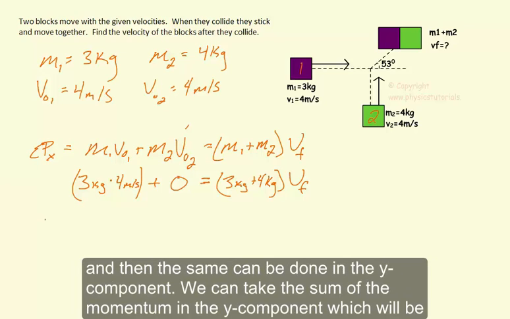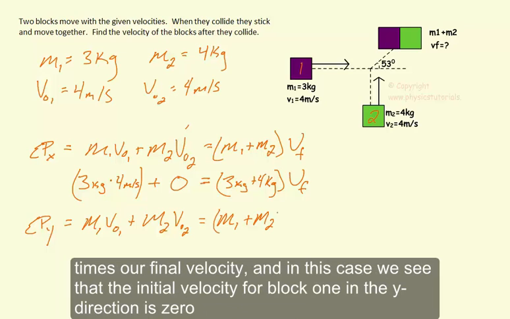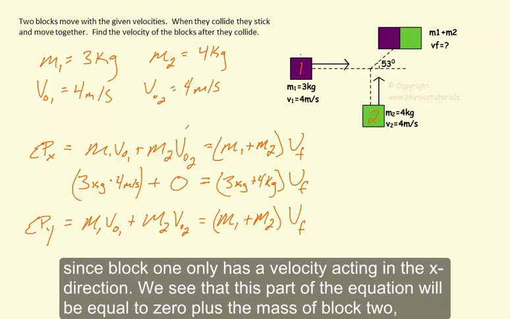And then the same can be done in the y component. We can take the sum of the momentum in the y component, which will be the mass of block 1 times its initial velocity plus the mass of block 2 times its initial velocity, equal to the sum of our masses times our final velocity. And in this case, we see that the initial velocity for block 1 in the y direction is 0, since block 1 only has a velocity acting in the x direction.